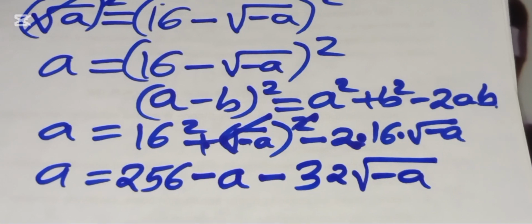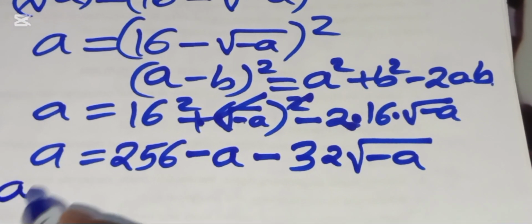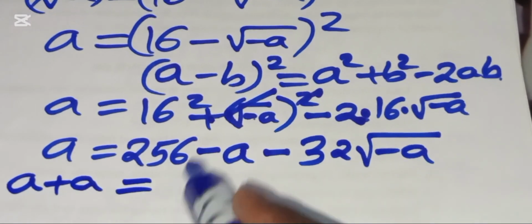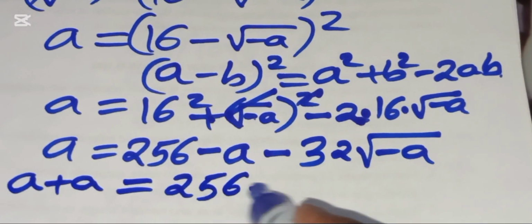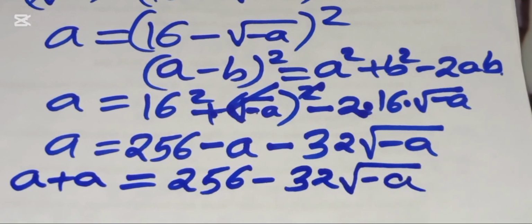Now we take this negative a to the left hand side, so this is a plus a, which is equal to 256 subtract 32 square root of negative a.